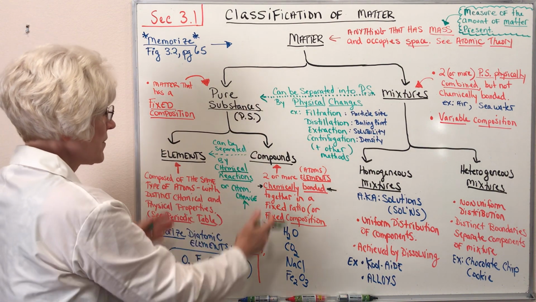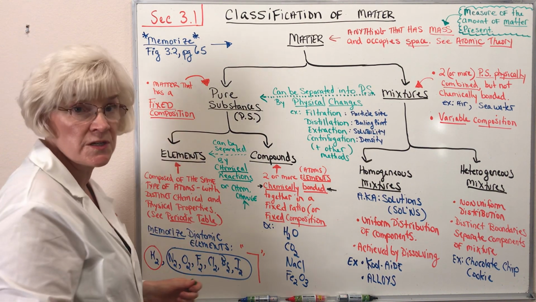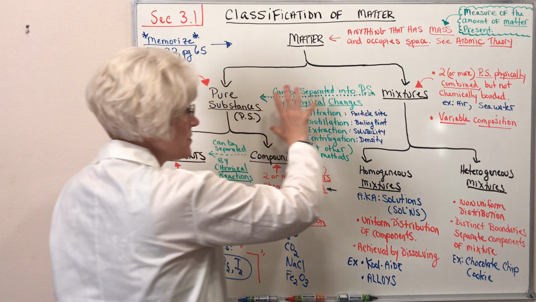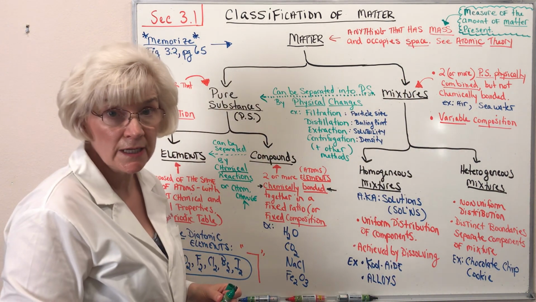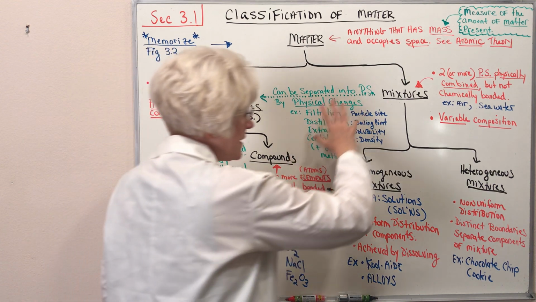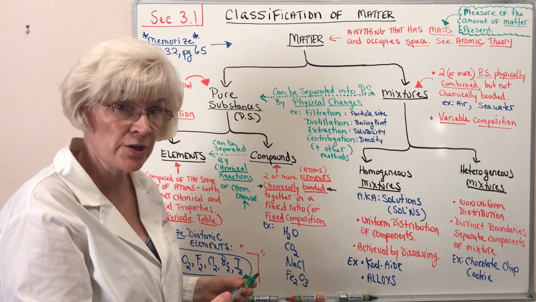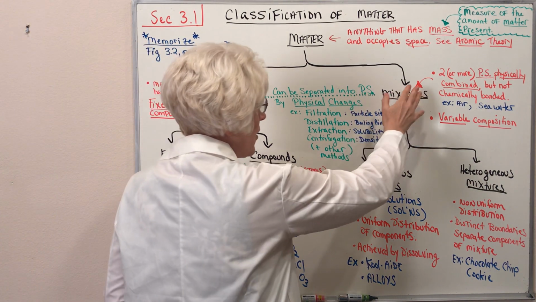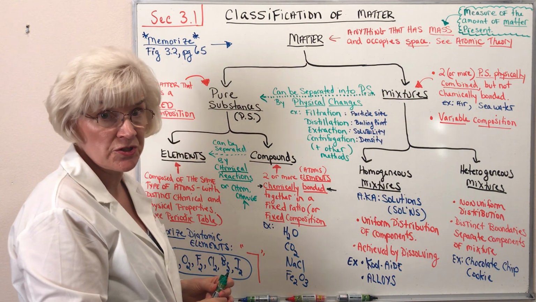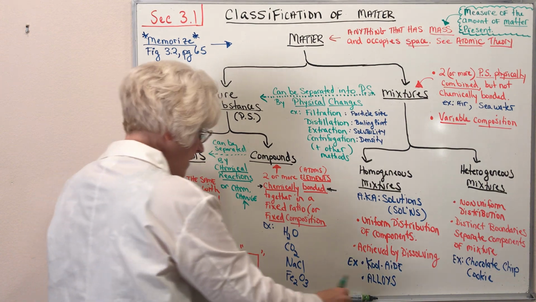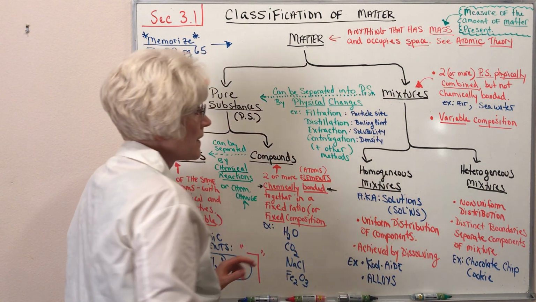So we've talked about pure substances with fixed composition. Let's move to the other major category of matter. Definitely a category that has more examples that we can point to in nature, and that is the category known as mixtures. So how can we define mixtures?